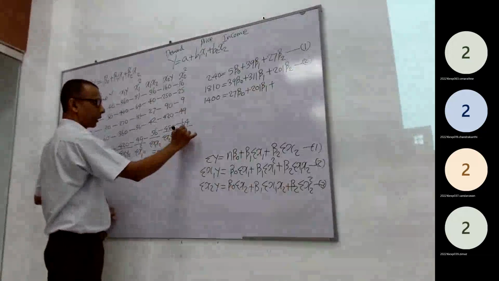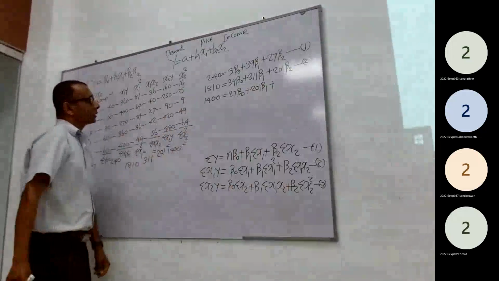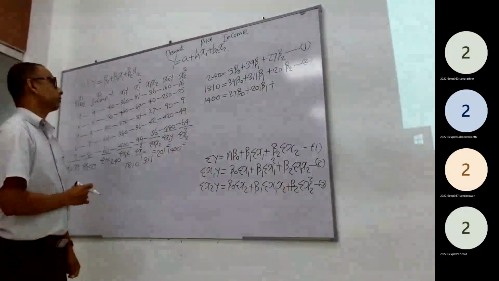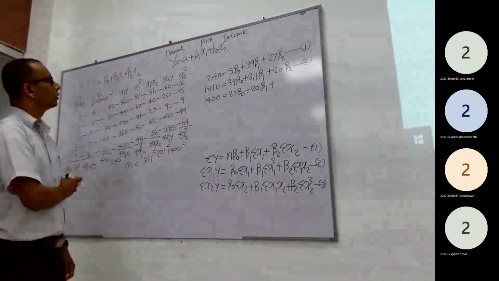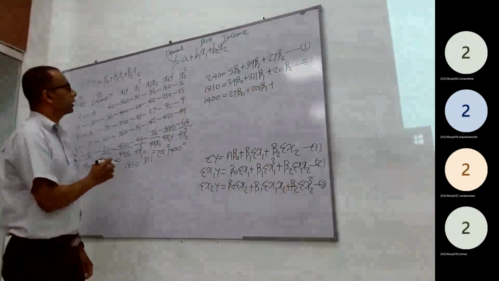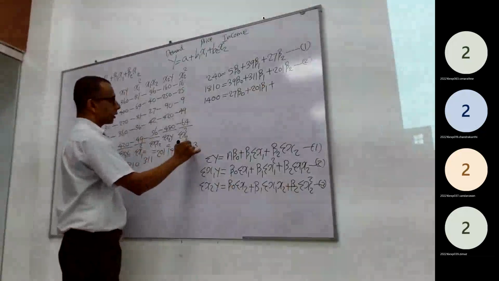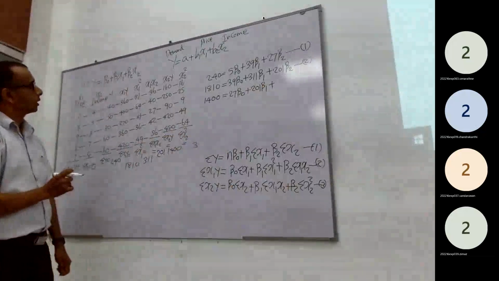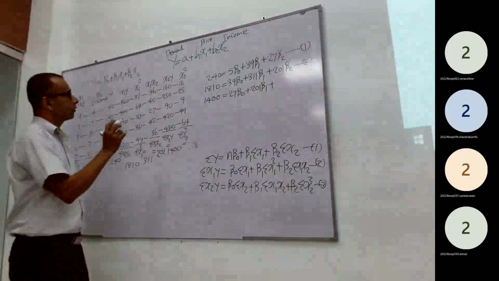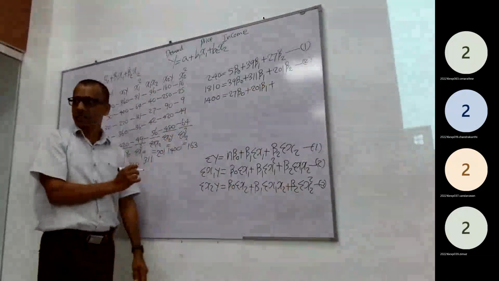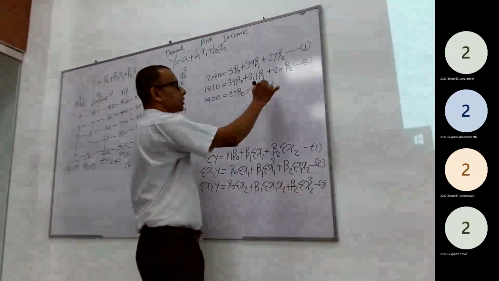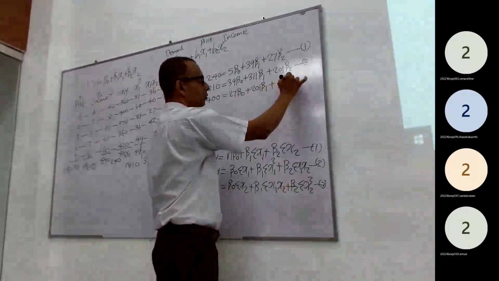Sigma x2 squared: 5, 9, 13, 20, 22, 28, 30, 33, and 3 left, 6, 10, 13, 16. 163 beta 2.